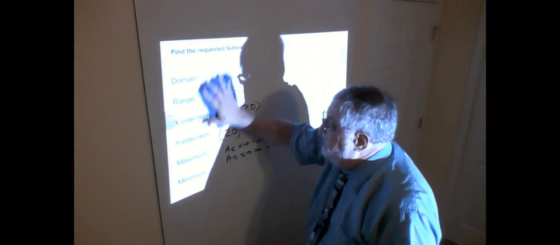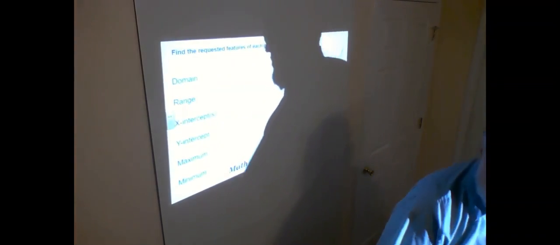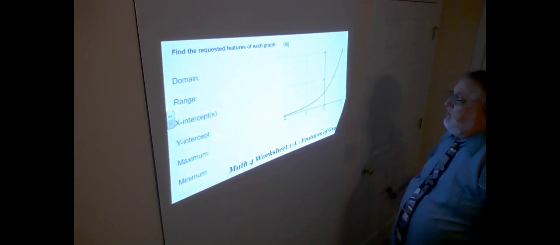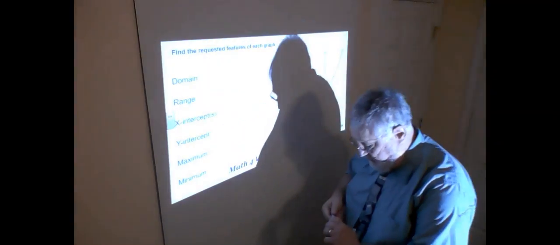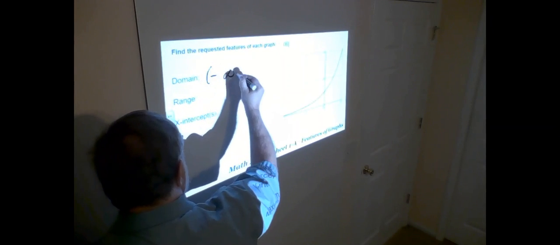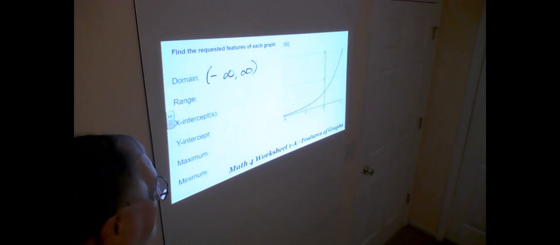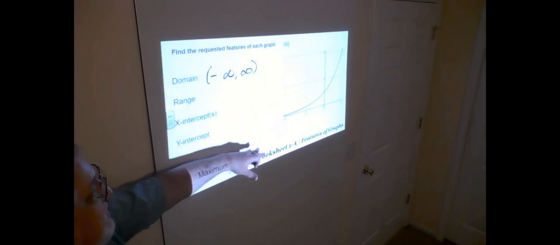Now, if I'm not mistaken, this is our last one. We have an exponential curve. So it's going to do a little something different. Our domain is still going to be forever in both directions. But as far as the range goes, it is never going to drop below the x-axis.